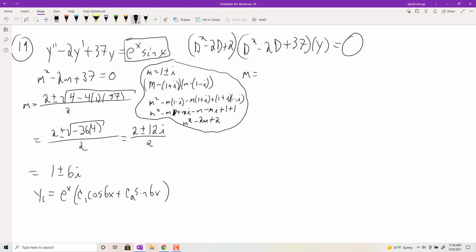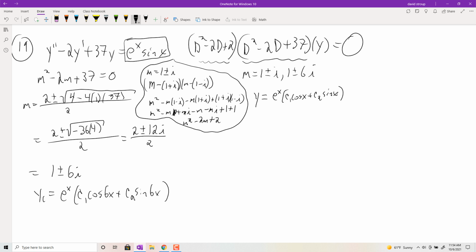Okay, so the roots from this part we already have are 1 plus or minus i. The roots from this part then are 1 plus or minus 6i. And then our particular solution, or sorry, we're not at the particular yet. The solution of this guy is e to the x times c1 cosine x plus c2 sine x.